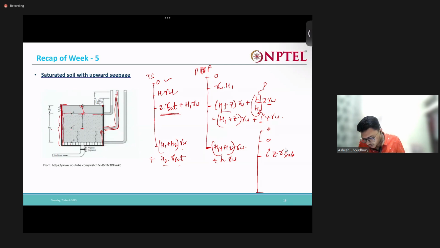And at the bottom it should be... just a second, wait, I will just see and tell. I will see in the book and tell you.